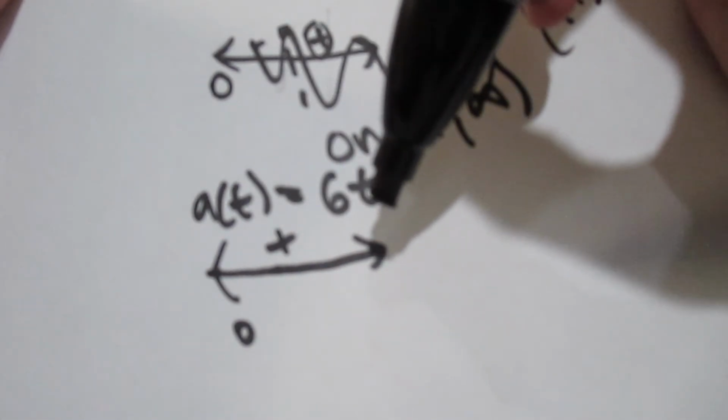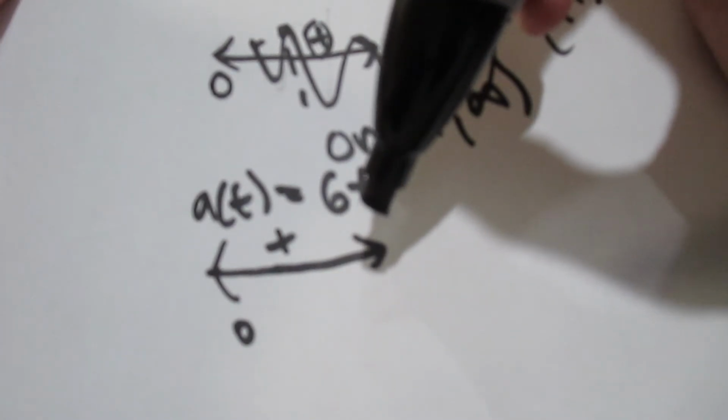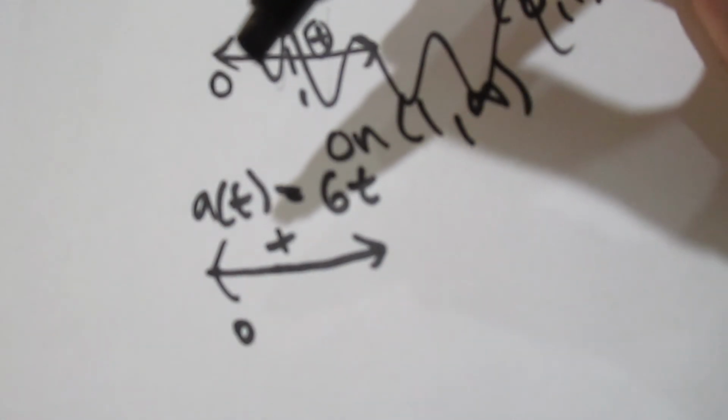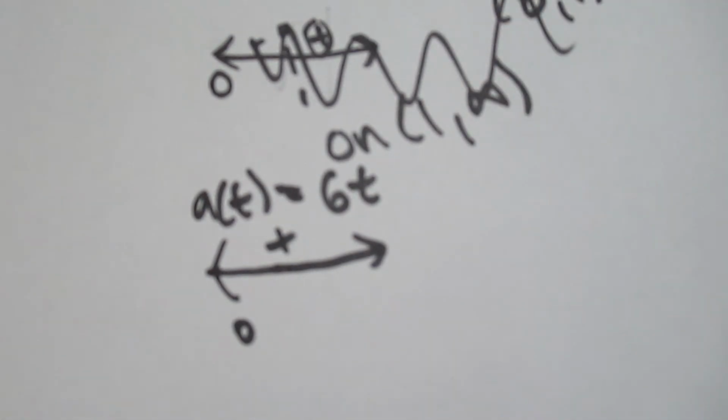So from 0 on out, it's always going to be positive. Think about it. You plug in a 1, you get a 6, that's positive. Plug in a 2, get a 12, that's positive. So it's always positive. So it is never negative, at least on the interval from 0 to infinity. If you had to explain it, you could say that is where a of t is positive. Because a of t is positive, the acceleration is never negative.